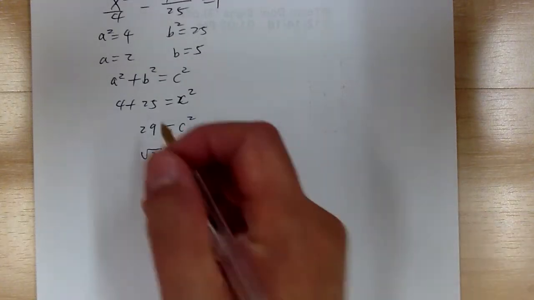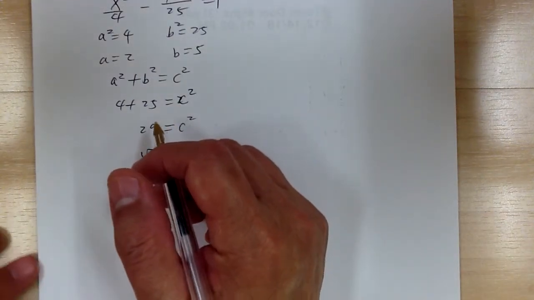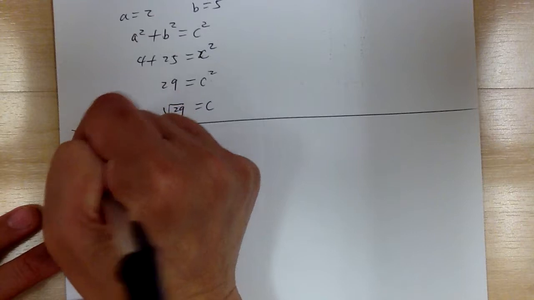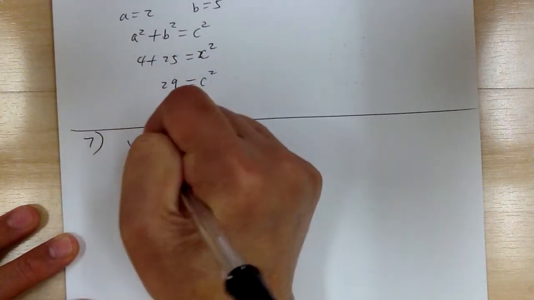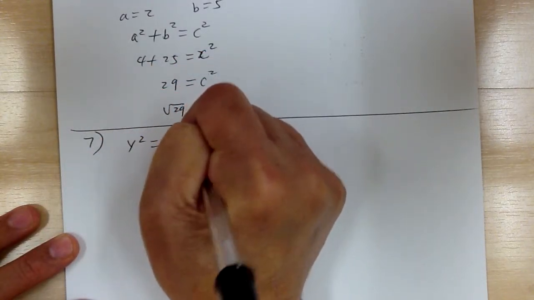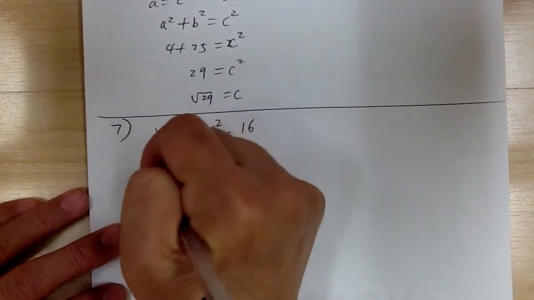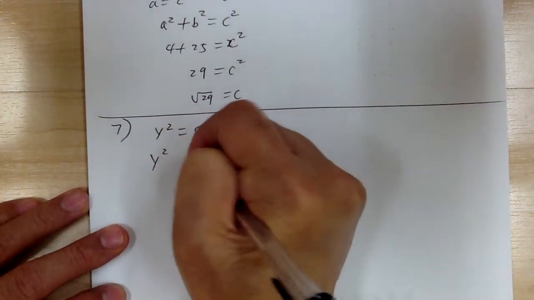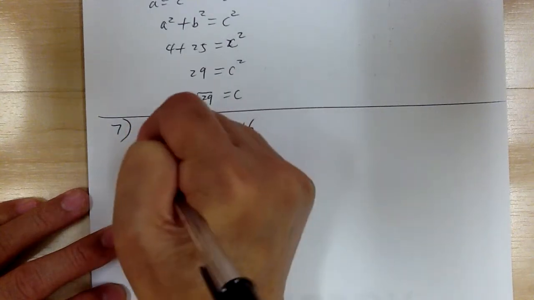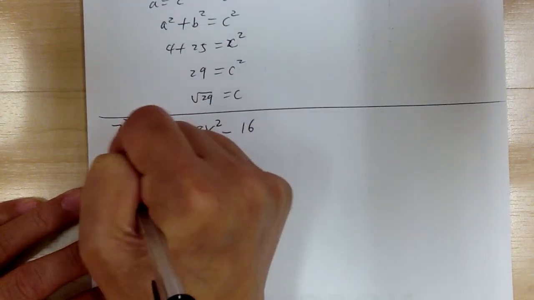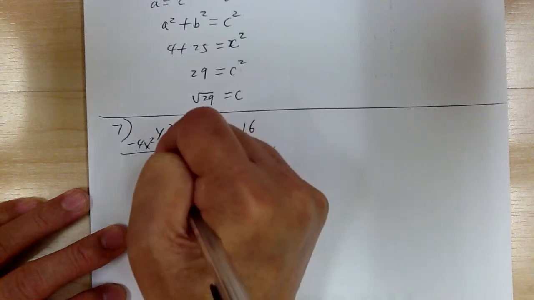Okay, let's go to number 7. You have y squared equal to 4x squared minus 16. So first, let's move this over. You have y squared, so you subtract 4x squared from both sides.